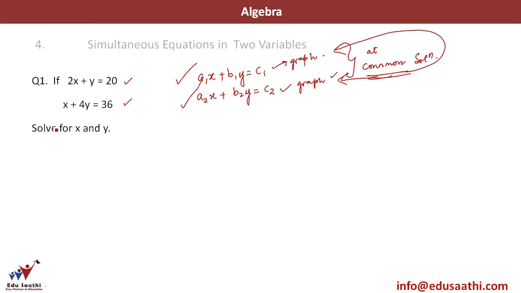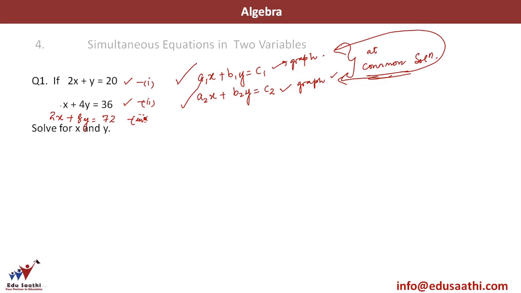So if I have to solve this, the method of solving is to make the coefficients equal, and add or subtract the equations to get to the value. If I look at the first equation and second equation, if I multiply this equation with 2, what do I get? 2x plus 8y is equal to 72. Now if I subtract the two equations, I'll write this equation as 3.